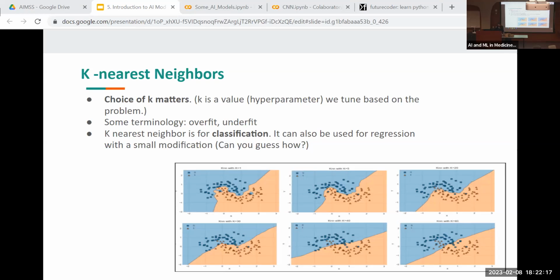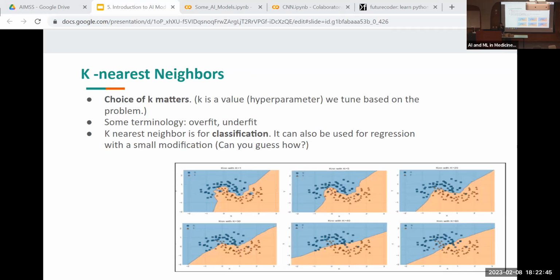Like in the picture, as you see, when we choose small values of k, we get a very curvy line as the decision boundary between the two classes, because it is going to be very detailed, and each point is classified based on just one neighbor or just a few neighbors.